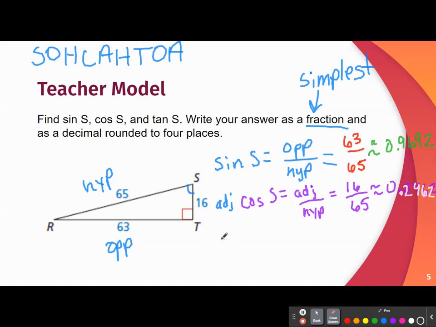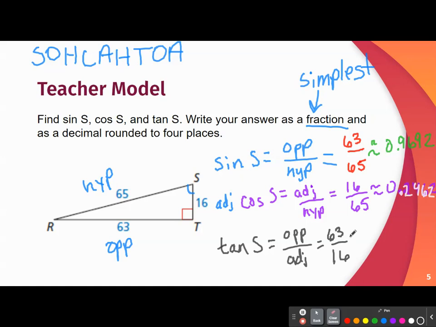All right, then the last one is tangent of angle S. Tangent is opposite over adjacent. Okay, so look at angle S. The opposite is 63. Adjacent is 16, and I'm pretty sure that does not reduce.